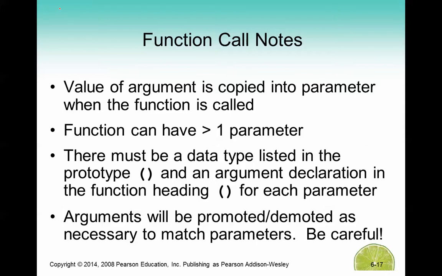So if in my call I have FA and I'm sending the 5, and I have my void, this is my function itself, FA, and then I have an int x, this 5 is the value, is going to be copied into x.